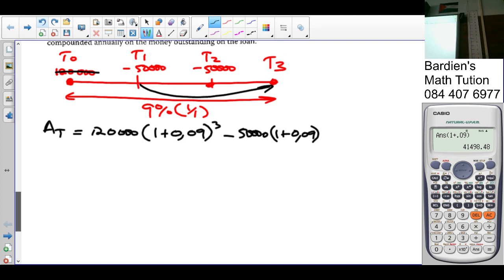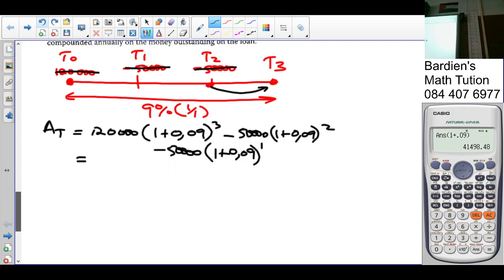You all agree with that? Yes. Minus another 50,000 into 1 plus 0.09 to the exponent 1. So I consider that for 1 year.